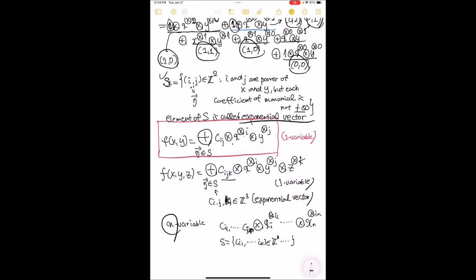We can generalize a tropical polynomial, a multivariable polynomial.